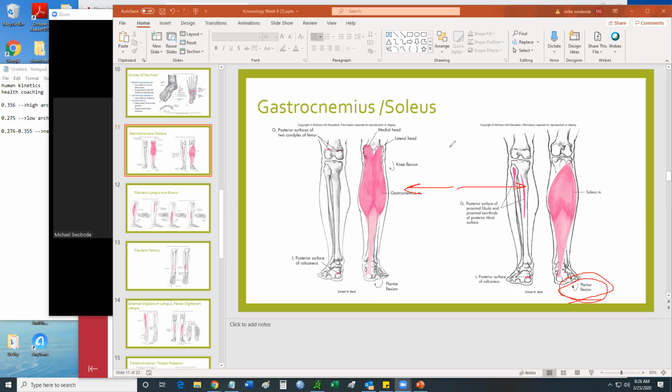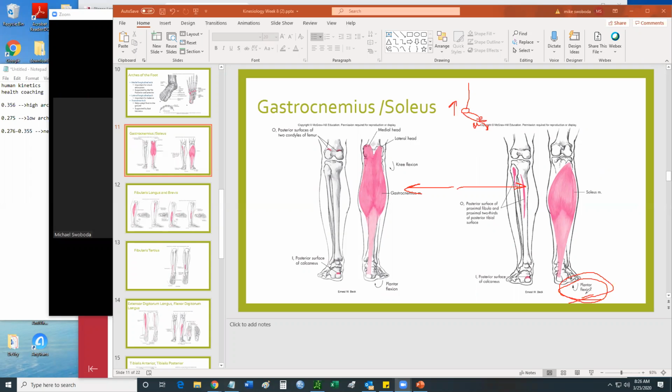The prime movement that these both do for us in terms of our foot and ankle is plantar flexion. What plantar flexion is, when you take, so this is your leg, this is your heel, this is your foot, and here's your toes. And you put your toes on the ground and your heel goes up. I know that kind of looks like a tampon there, but you're standing up on your toes. So your heel is off the ground, your toes are on the ground.